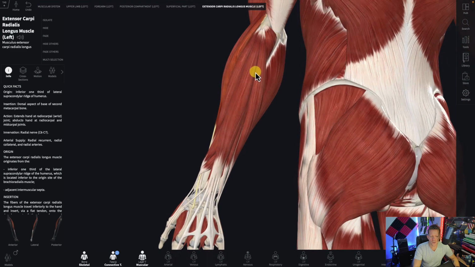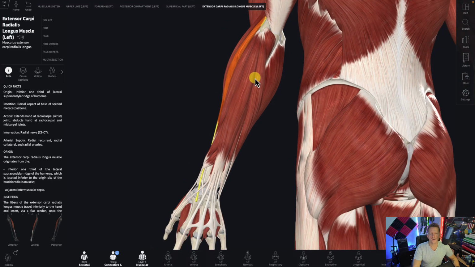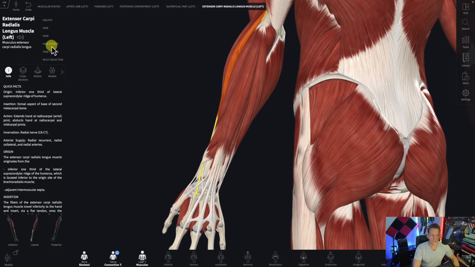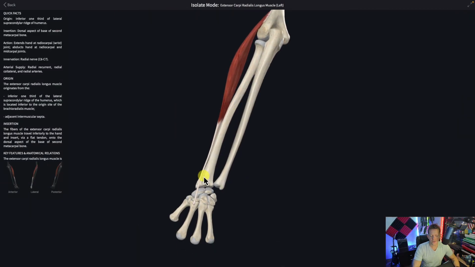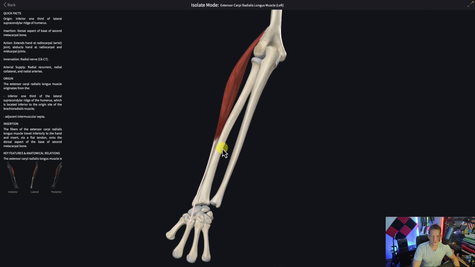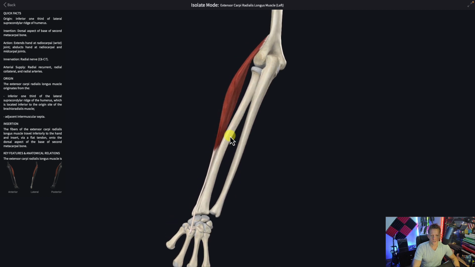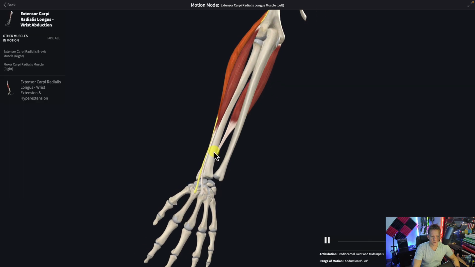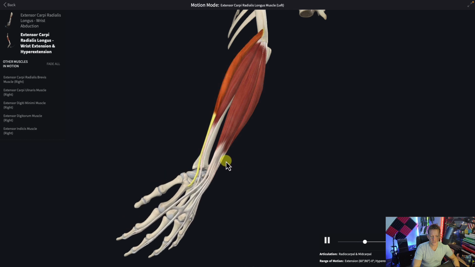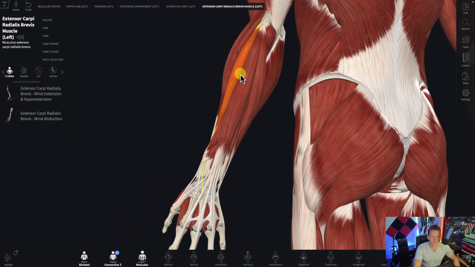So the first one is extensor carpi radialis longus muscle. It's connected to the second metacarpal bone. This muscle is responsible for lateral abduction. This is the lateral abduction and this is the extension. The second muscle is extensor carpi radialis brevis.